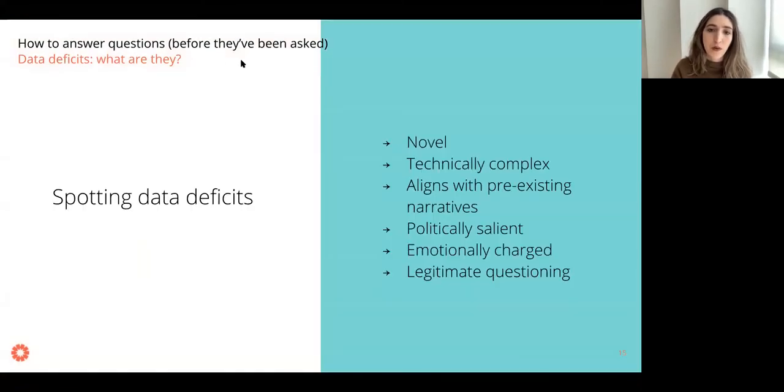So what can we do? Well, the first step is to be able to identify what a data deficit is. There are some things you can look out for. One is thinking about, is the issue novel? Is this something new, previously unknown, where we don't have a lot of information about it yet? Is it technically complex?